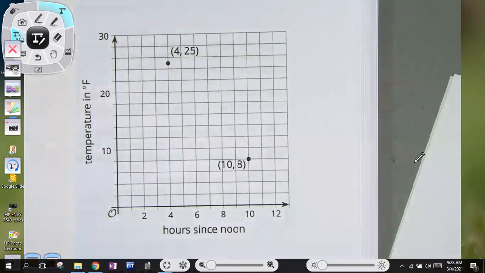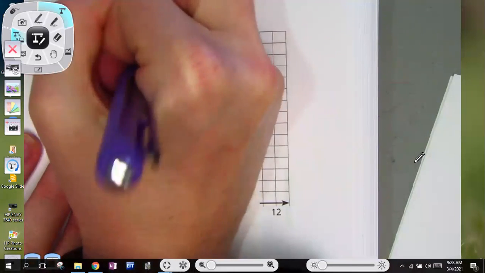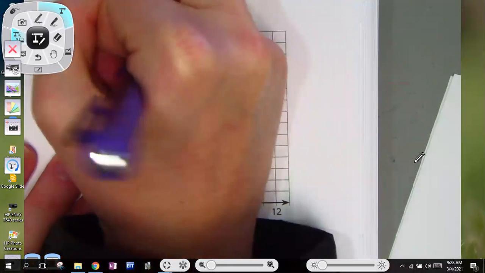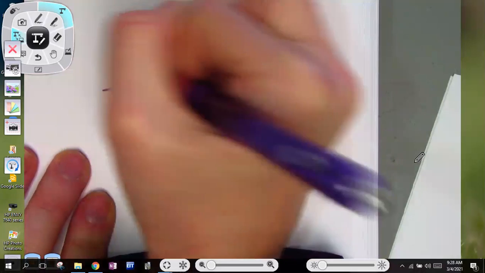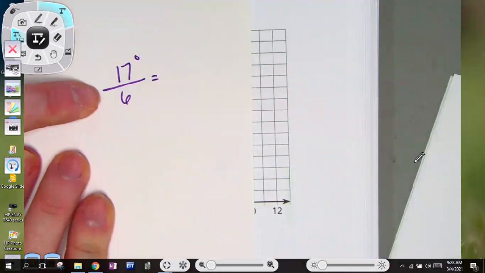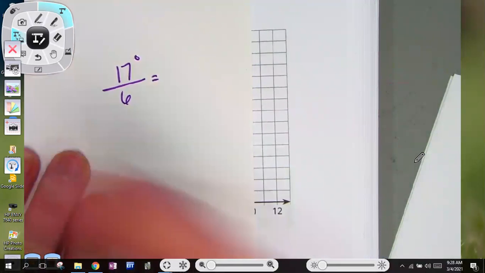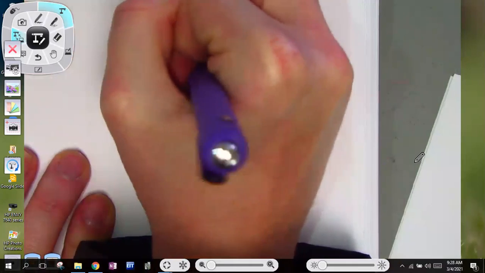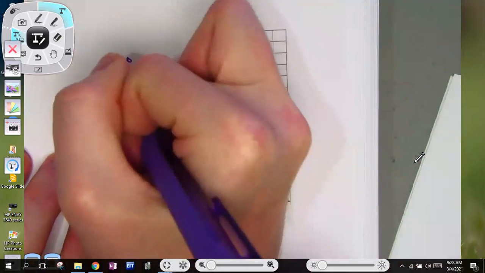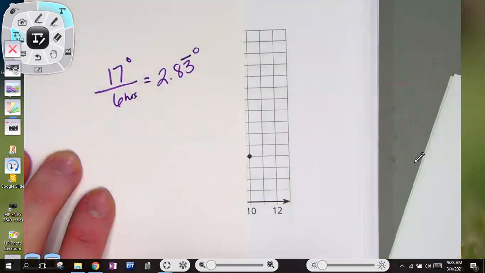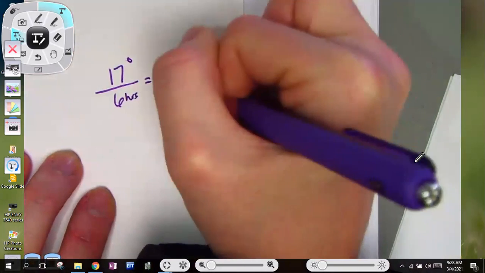It changed 17 degrees over 6 hours. If we just divide those, because we know that this little line just represents a division sign, right? A fraction is just a division problem. 17 divided by 6 is 2.83 repeating degrees. So this is hours, so it's degrees per hour.